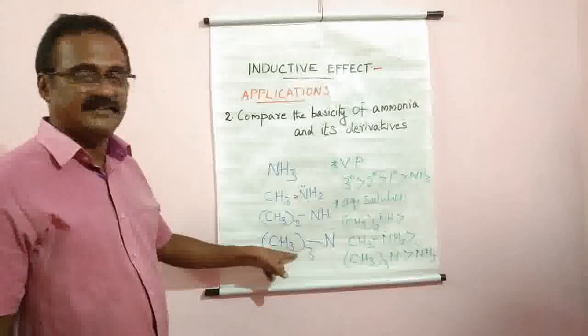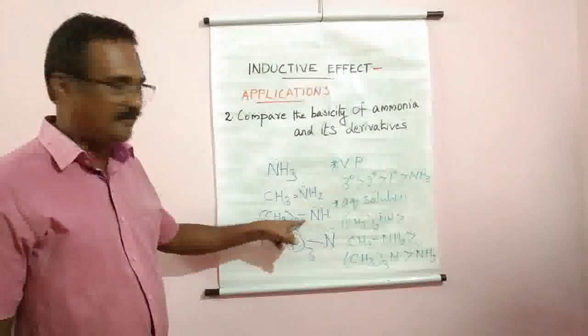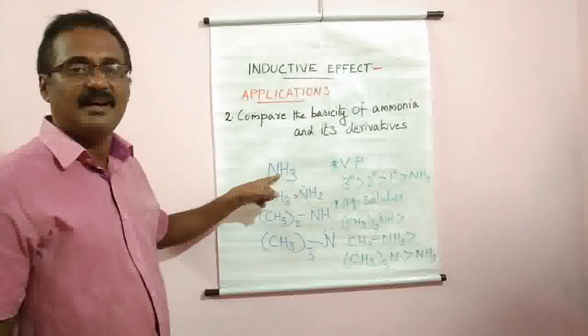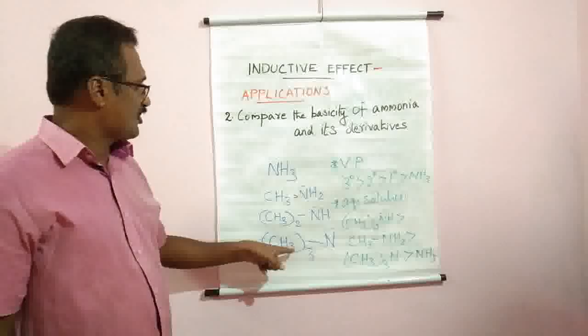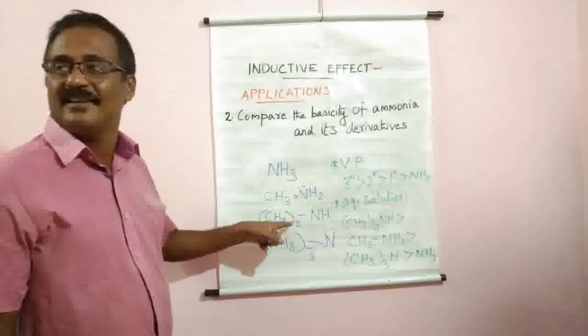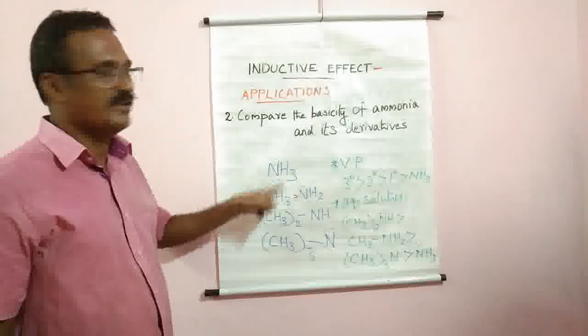A tertiary amine is more basic than a secondary amine. It is more basic than a primary amine, which is more basic than ammonia. Here, trimethylamine is more basic than dimethylamine, is more basic than methylamine, which is more basic than ammonia.